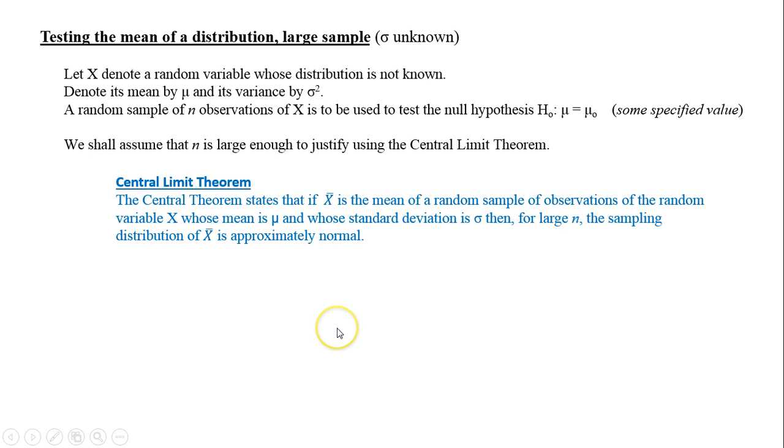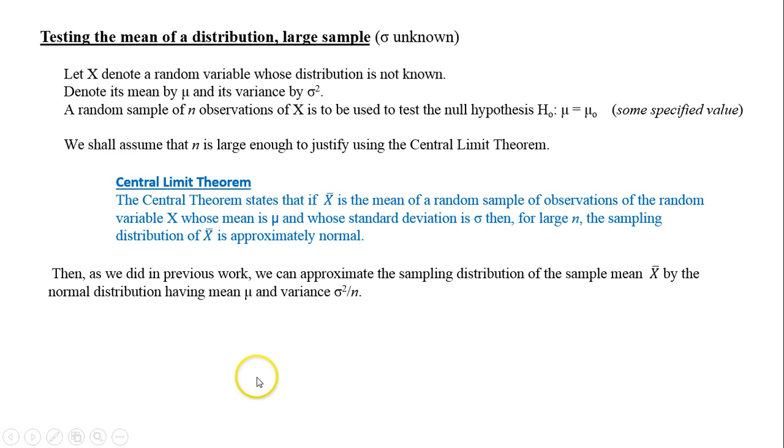The central limit theorem states that if x bar is the mean of a random sample of observations of the random variable x, whose mean is mu and whose standard deviation is sigma, then for large n, the sampling distribution of x bar is approximately normal. So the mean value of the sample has a normal distribution.